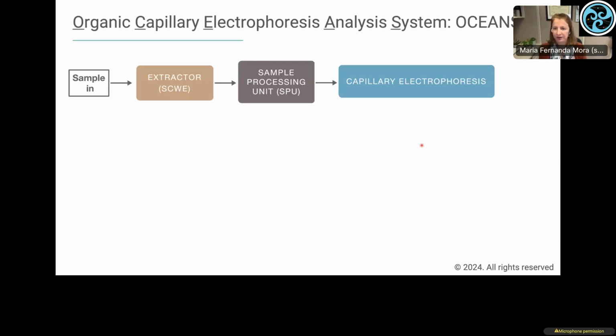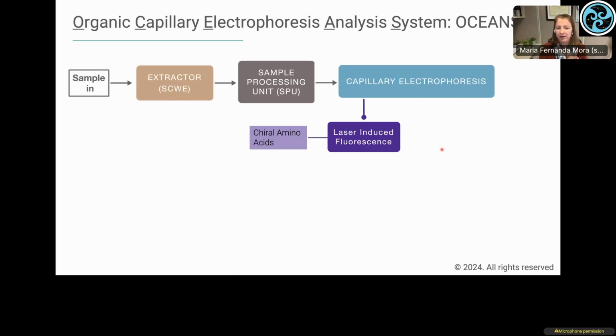So when your sample is inside the instrument, we can do CE, which is capillary electrophoresis. And as I said, we use 3 detectors. The first one that we talk about a lot is laser-induced fluorescence. With this method, we can do chiral analysis of amino acids. And this is a method that gives us the best sensitivity, the lowest limit of detection.